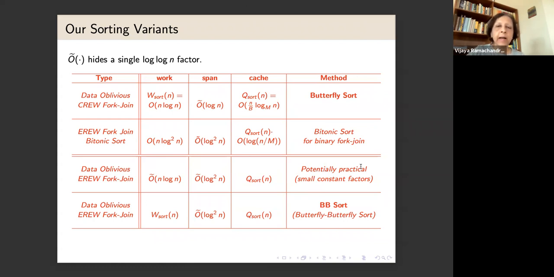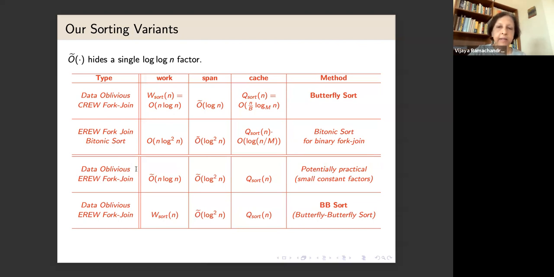So the entire algorithm just uses bitonic sort and prefix sums. It has optimal caching cost. The work is off by a log n factor, and the span is increased by a log n factor over butterfly sort, but the constants are very small because it just uses bitonic sorts and prefix sums. So we consider it to be potentially practical.